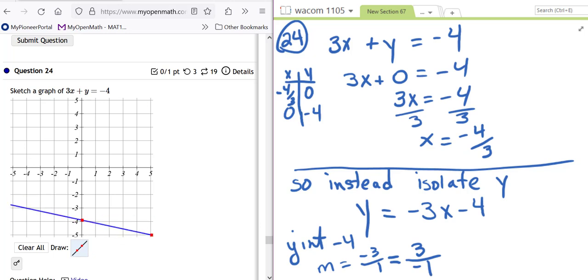All right. So now I'm going to go up 3, and I'm going to go to the left one from my point. So I've still got my point, and I'm going to go up 3, 1, 2, 3, and to the left one, and click. It gives the same line. That's a nice trick to know about.